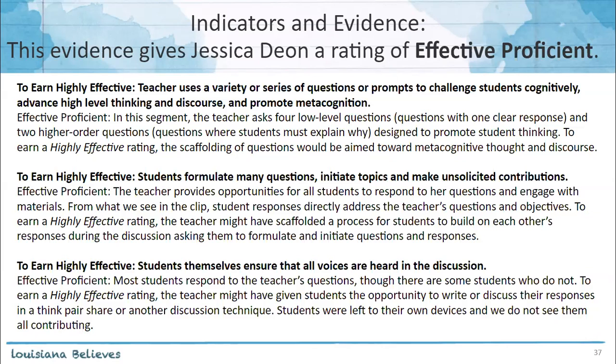Did you rate the same, higher, lower? You may have good justification for your rating, but take a minute to assess why you landed on the rating that you did and what that means for your own rater reliability. If you look at this slide, you'll notice that she earned effective proficient on each of these rows in this strand only, thus giving us the rating of effective proficient.